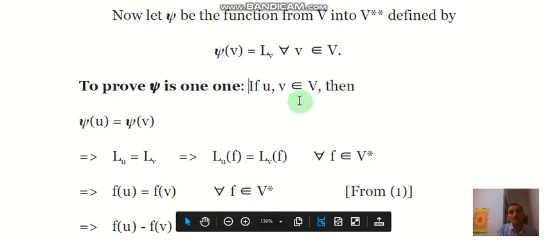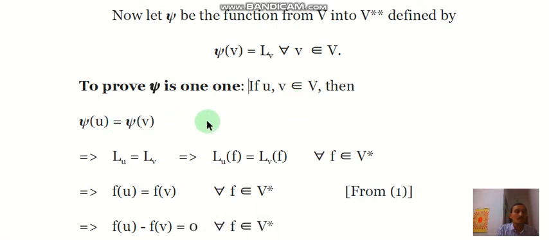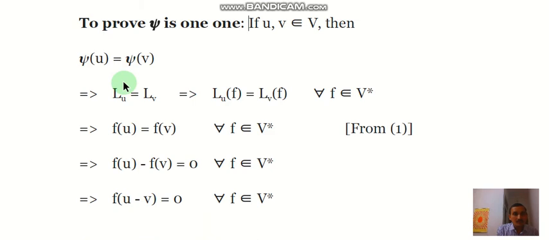Now if u, v belong to V, then psi(u) equal to psi(v) implies L_u equal to L_v implies L_u(f) equal to L_v(f) for all f belongs to V*, and applying the definition of L_u from equation 1, this becomes f(u) equal to f(v) for all f belongs to V*.